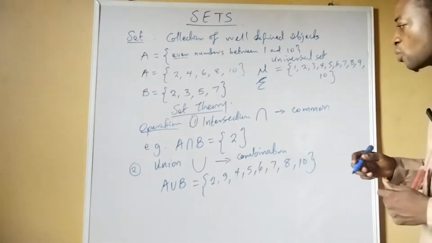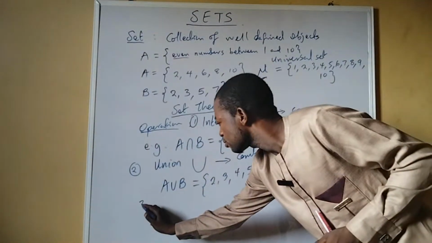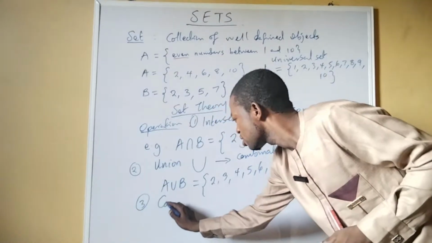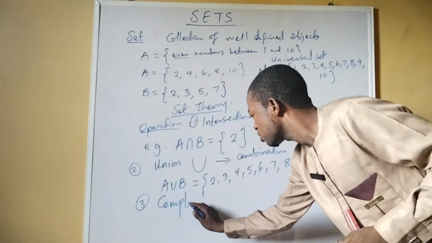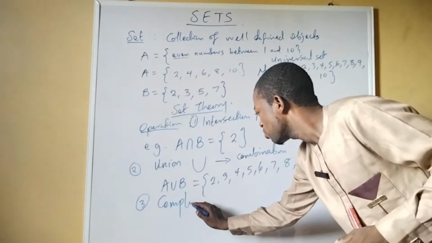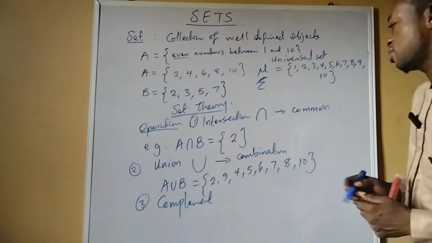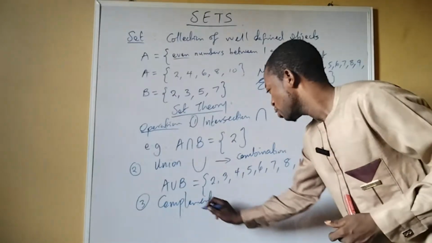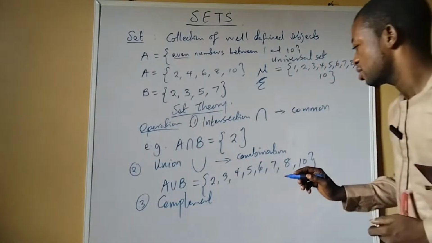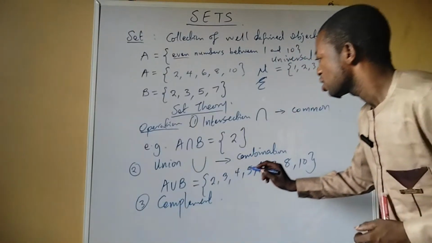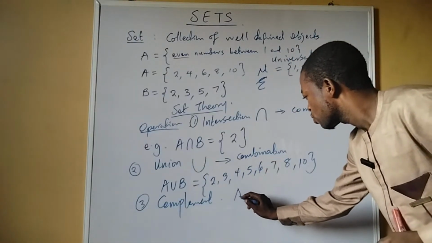Now, whenever we talk about the complement of a set, it is usually represented with a stroke on top of the letter.